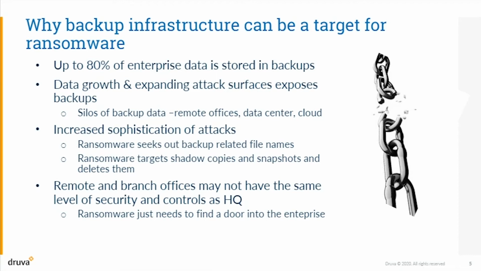And then finally, as I mentioned earlier, the big challenge, of course, is remote and branch offices may not have that same level of security and control that you have at headquarters, just because you don't always have the staff to keep all of that up to date. And ransomware just needs to find a door in.